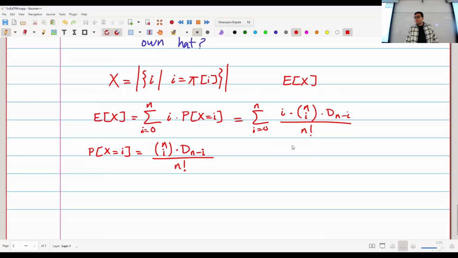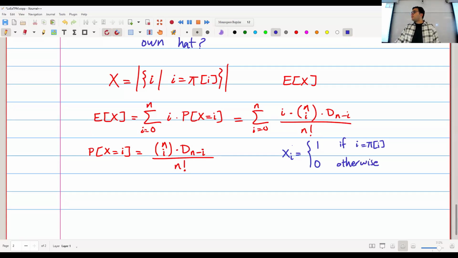Now I want to use linearity of expectation. I want to find a simpler solution. Again, I want to write X as a sum of indicator variables. But this time, I'm going to define my variables like this. I'm going to say Xi is 1 if i is a fixed point, so if i is equal to π(i) in my randomly chosen permutation π, and it's going to be 0 otherwise.